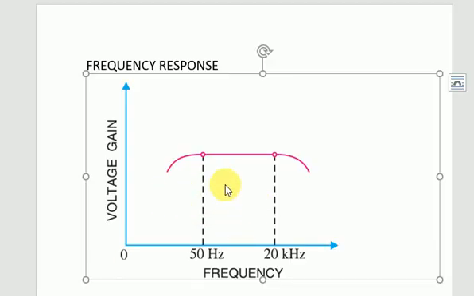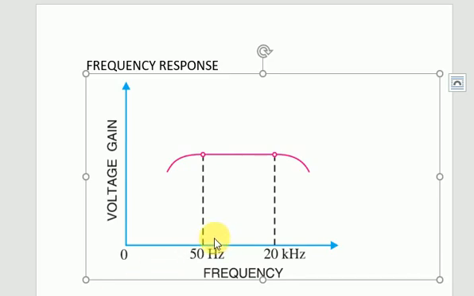Now, for mid-frequency range, that is from 50 Hz to 20 kHz, the voltage gain is constant throughout. The effect of coupling capacitor in this frequency range is such so as to maintain a constant voltage gain here.